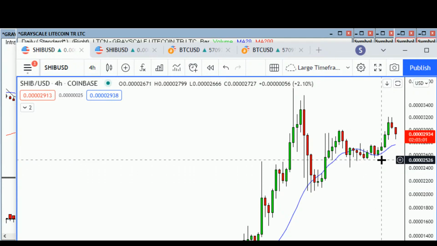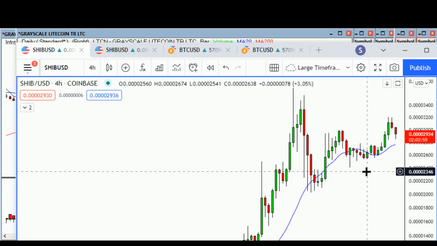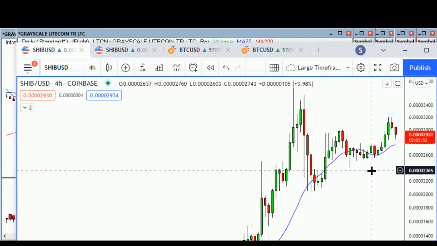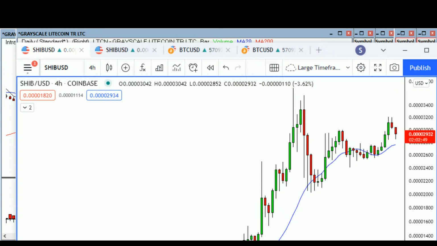Either right here, if you want to be a little tight, under 25.40, it looks like. Yeah, 25.40. So here, I'll just type it in for you. 25.40 or this one, 24.15. Of course, 0.00002414. Boom. Those are the two places to place the stop. Okay.